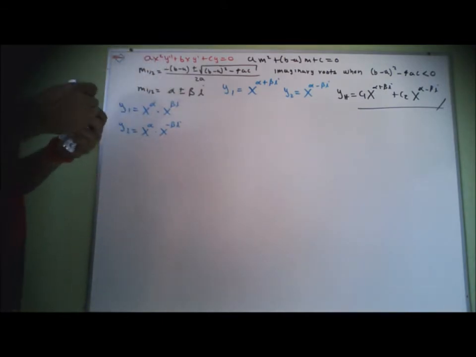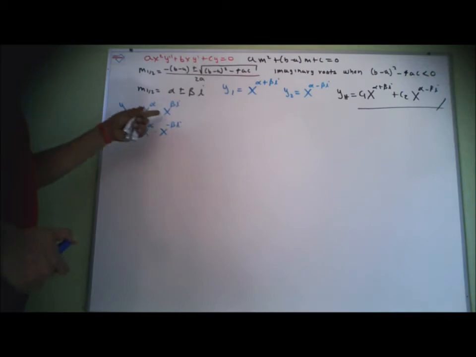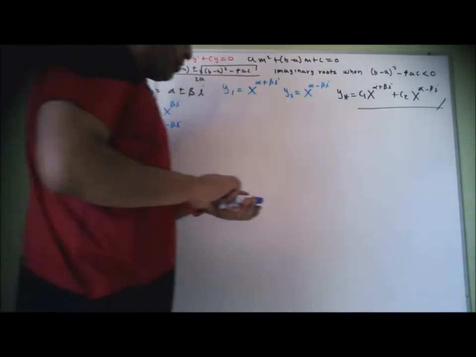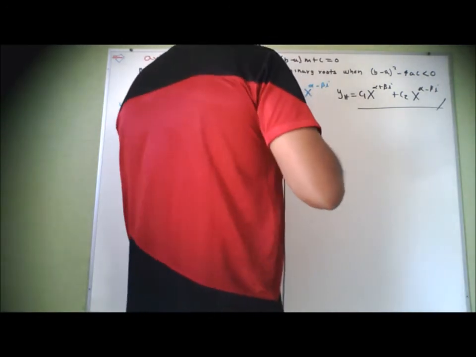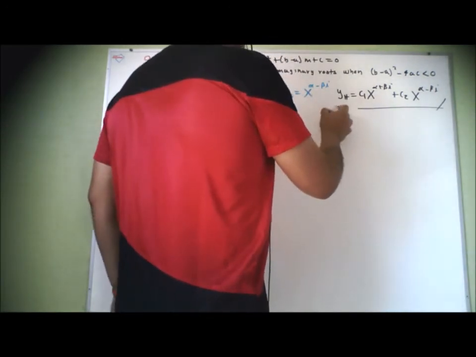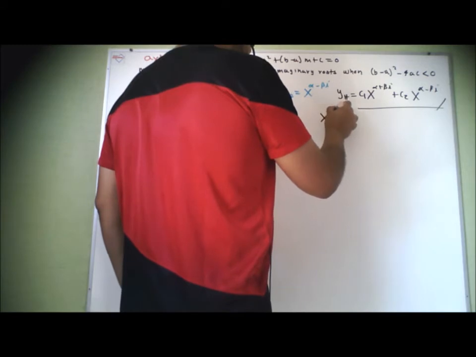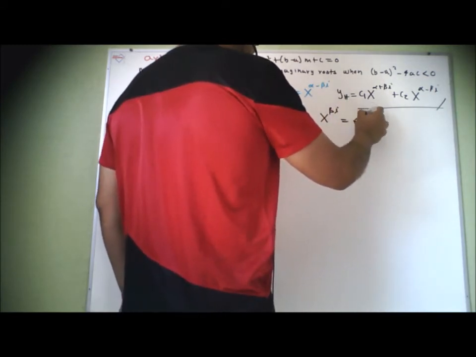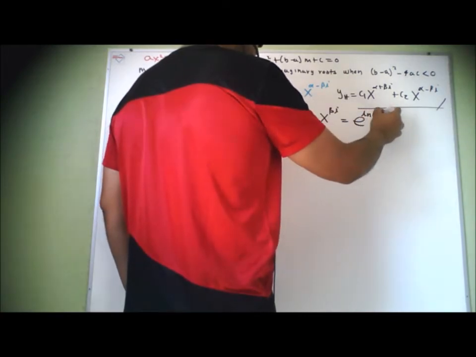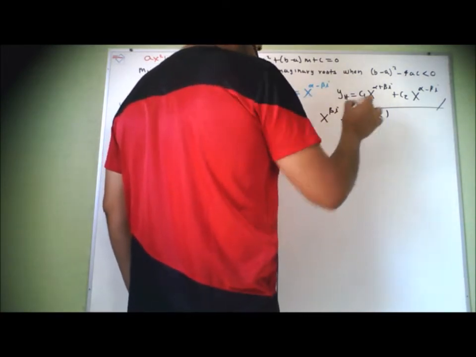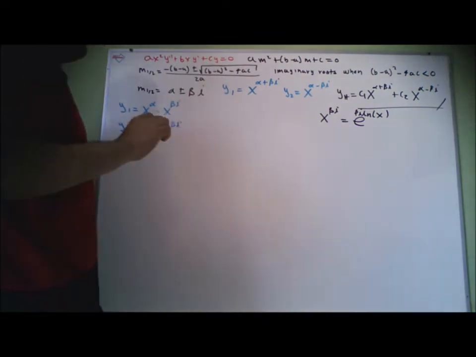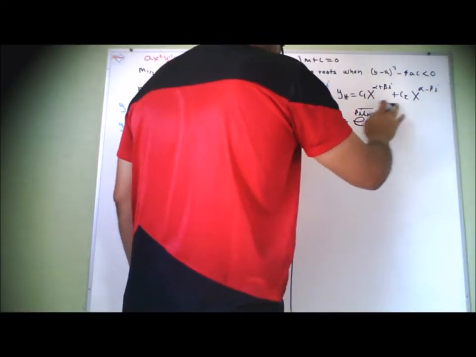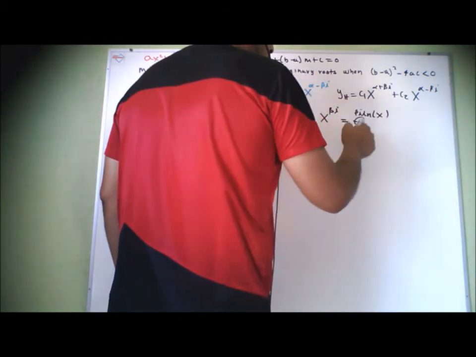Now, the Euler formula for this kind of power. What I'm going to do is write x to the power of beta I equal to the exponential of the natural log of x, and here beta I. Is this the same as this?